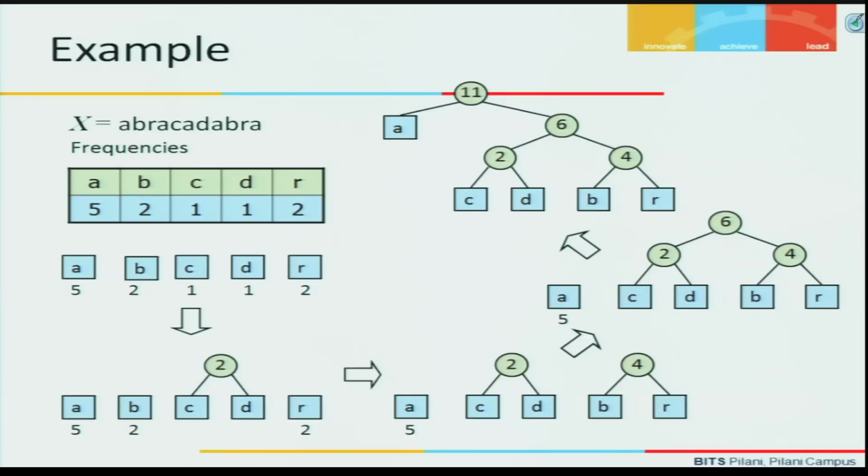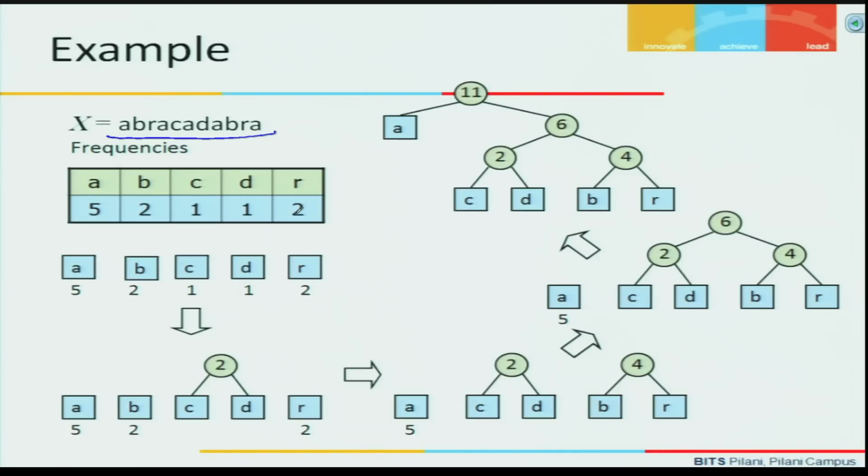So, let us illustrate this with an example. We have a text which we want to encode. We look first at the frequencies of the characters that occur in the text. So, the frequencies are here. We see that A is occurring 5 times, B 2, C 1, D 1 and R 2 times.